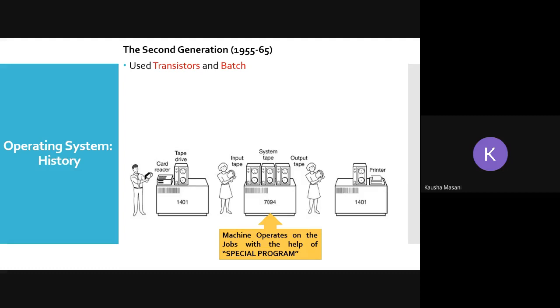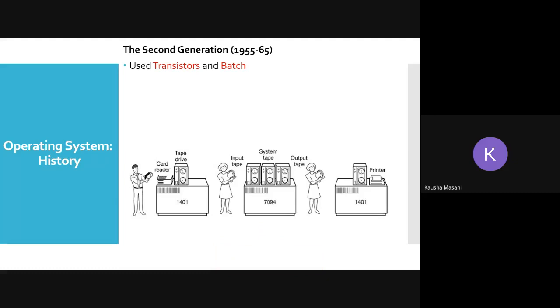Suppose the first job was addition, 5 plus 5. Second job was subtraction, 20 minus 10. Then it did not give the output for the first job and for the second job separately. No, not like that. It used to accumulate all those results into the output tape.